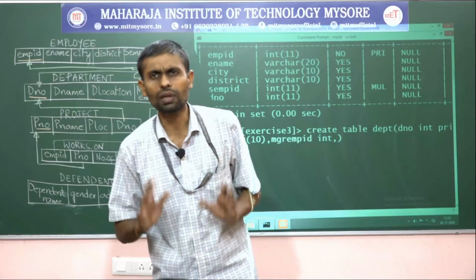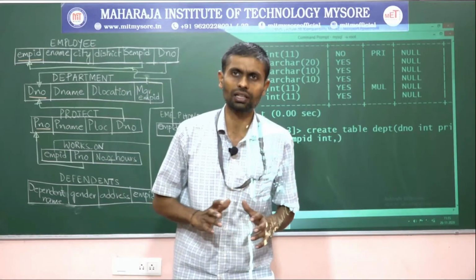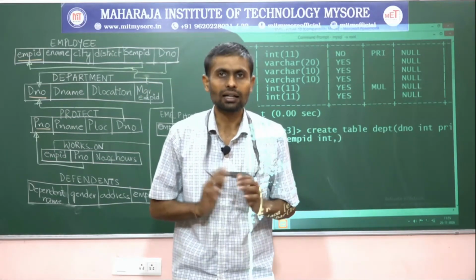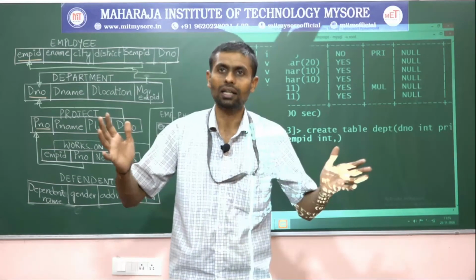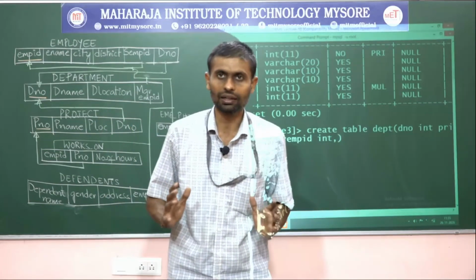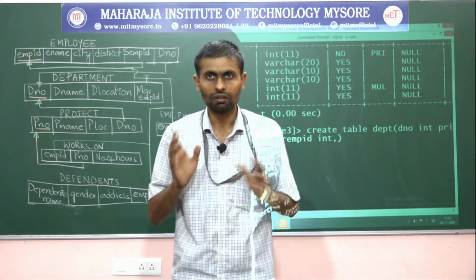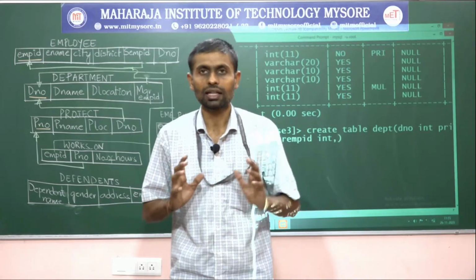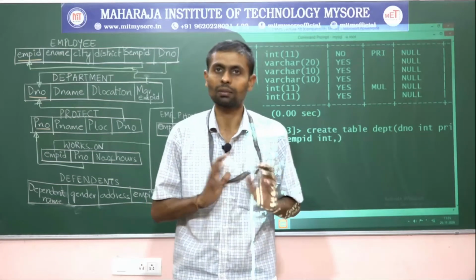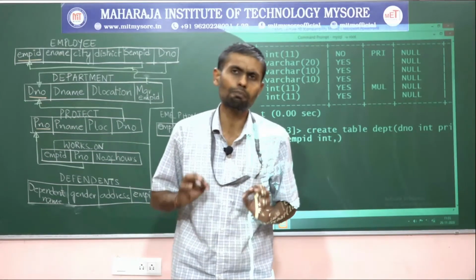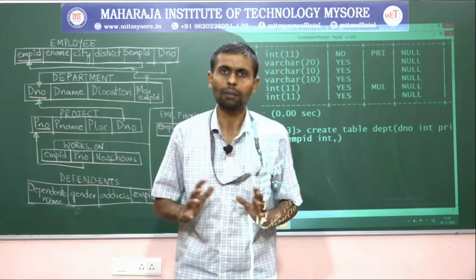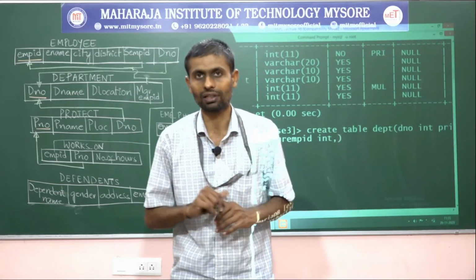If you want to make any one of the attributes a foreign key, what's the necessary thing, guys? At least in the same table or in any of the other tables in the current database, the attribute where it is pointing to must be a primary key in some other table. Without that, it doesn't permit us to make it a foreign key, right?